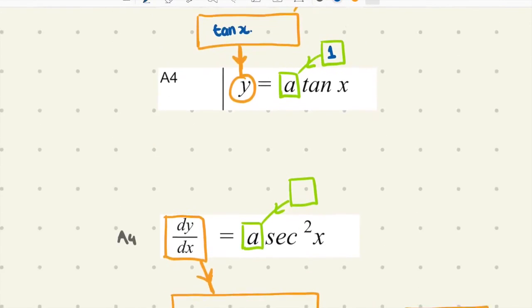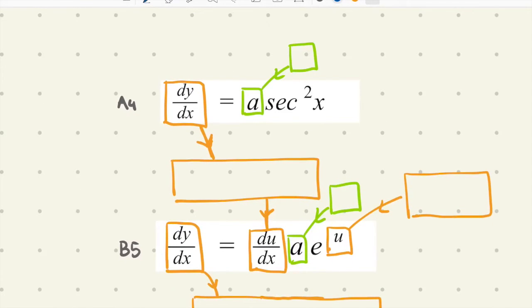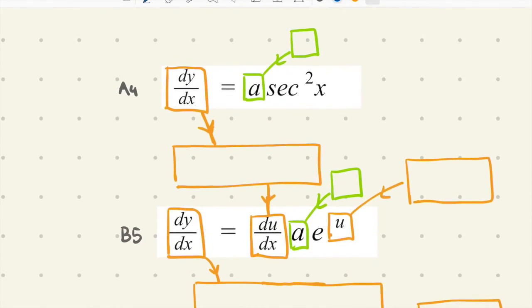Then we apply to the differentiation equation. First we apply A4, then after that B5, then after that B3. Formula A4, A equals 1, which means dy dx is equal to secant square x, because 1 times secant square x is secant square x.